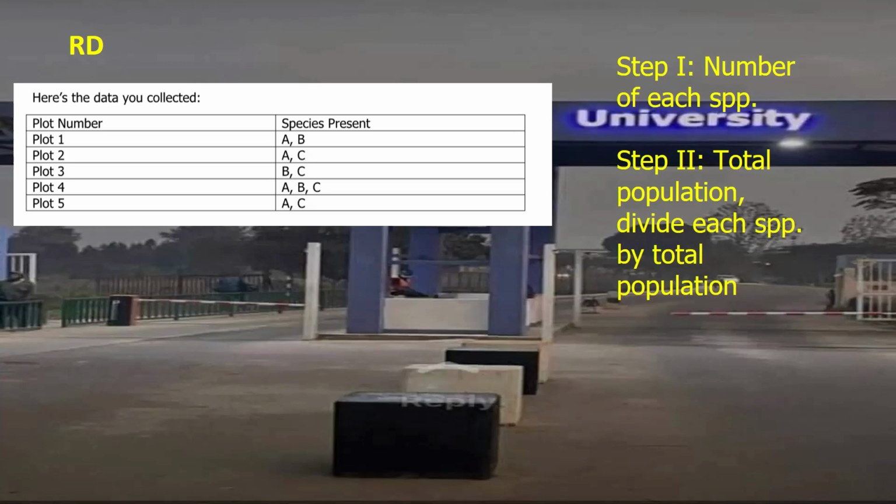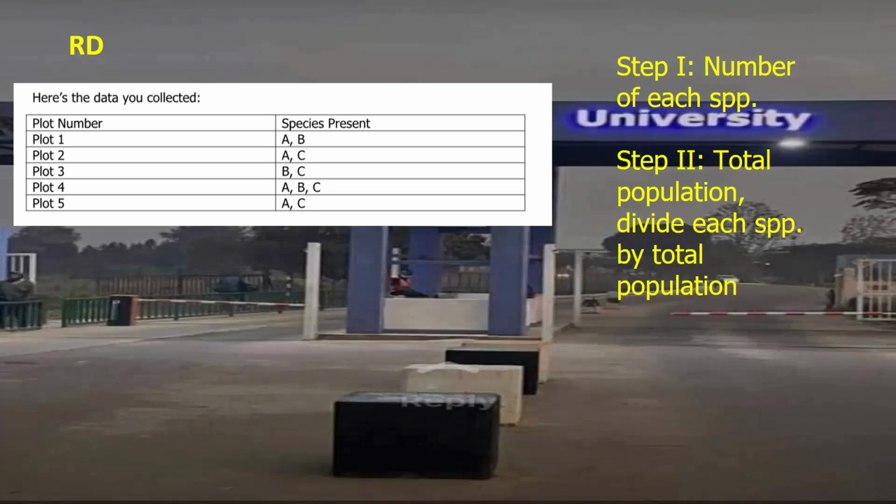So we are getting 36.36%. That's for species A. For species B, it's 3 divided by 11 times 100, which gives us 27.27%. The relative density for species C will be 4 again divided by 11 times 100, which gives us 36.36%.